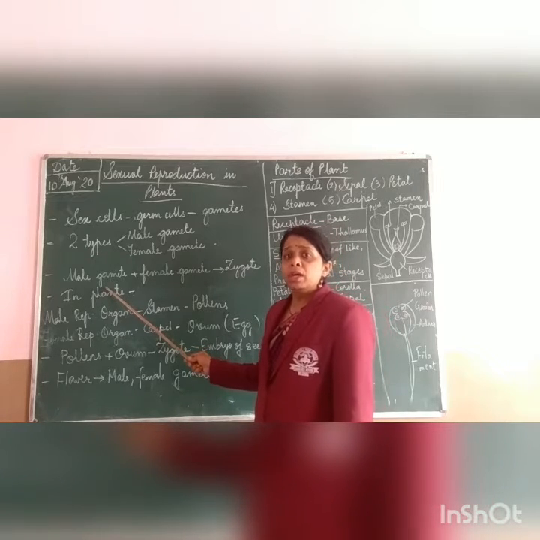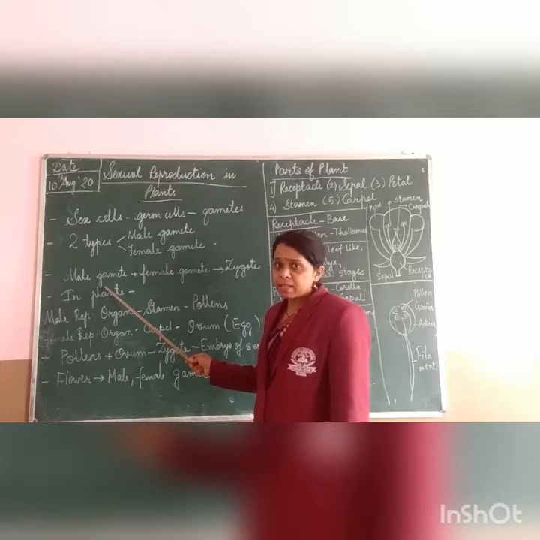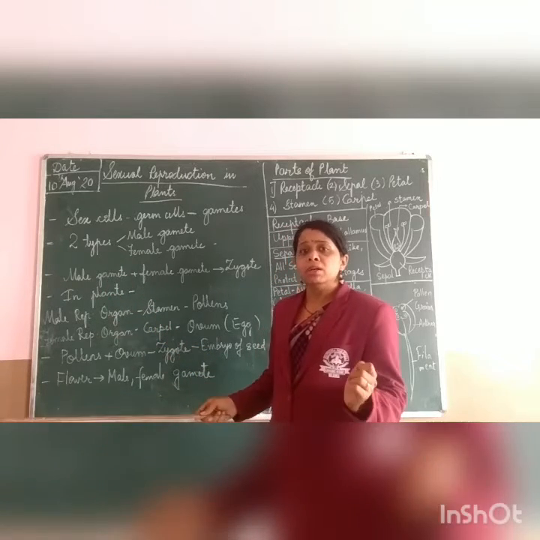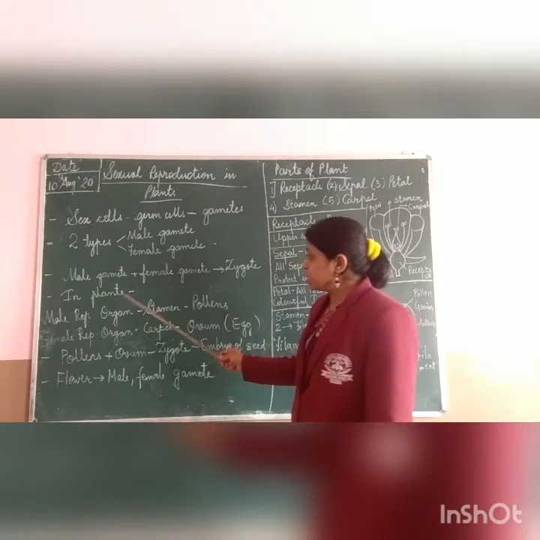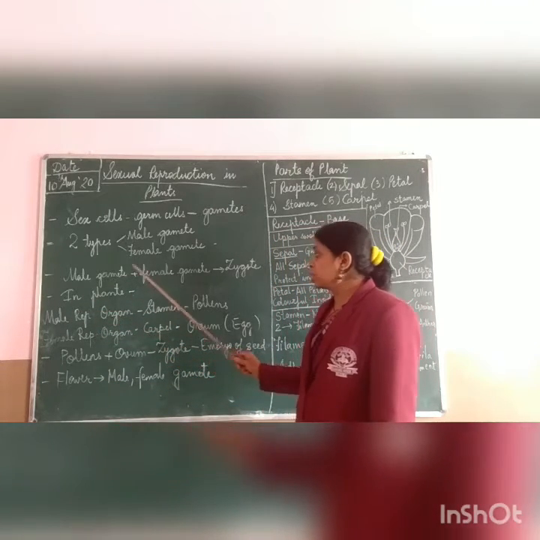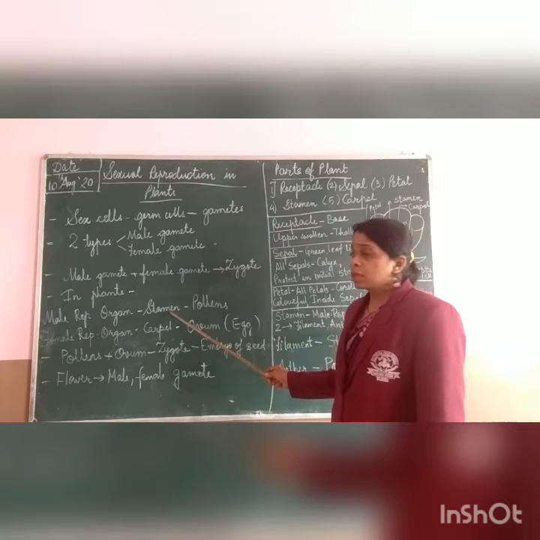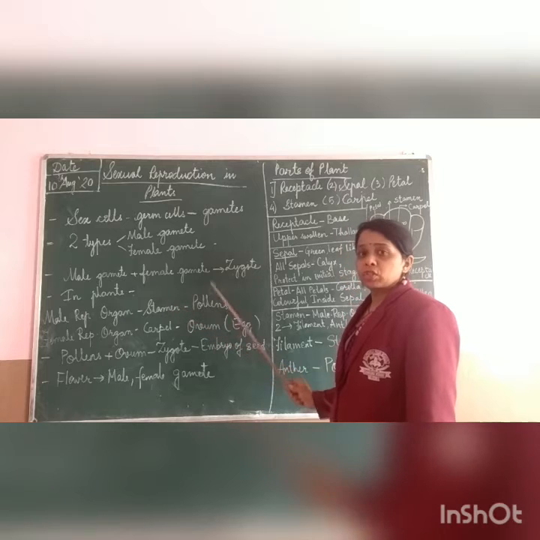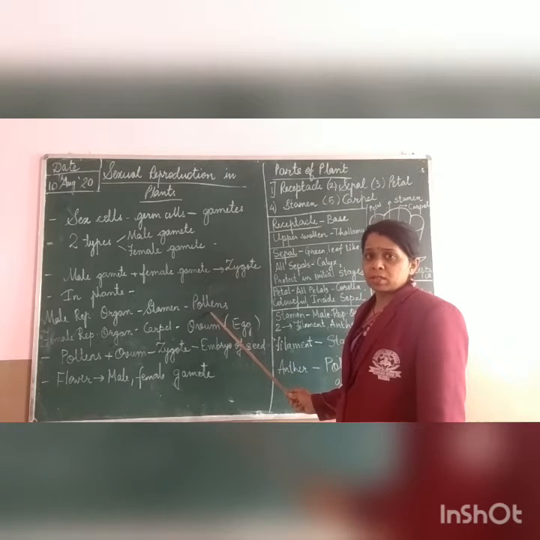As I have told you, in sexual reproduction, gametes fuse together to form the zygote. So in plants, what is the male reproductive organ? It is the stamen, and it produces the male gamete, which is called pollen grains.